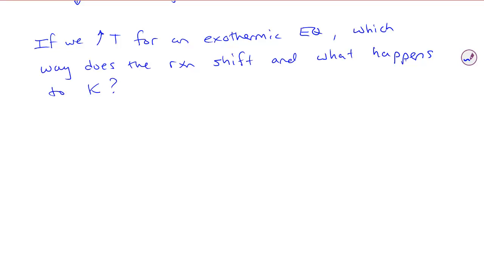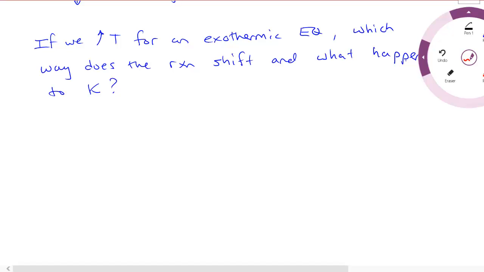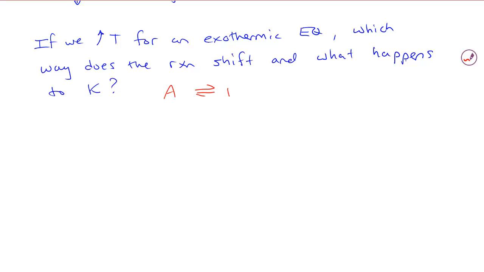That seems like a really good question, so let's answer that. Once again, we're going to use our basic equation: A is in equilibrium with B, and we're going to say that the enthalpy of the reaction is the product. So we've increased the temperature. That means we're going to increase the product.